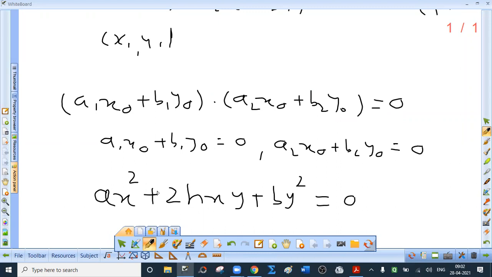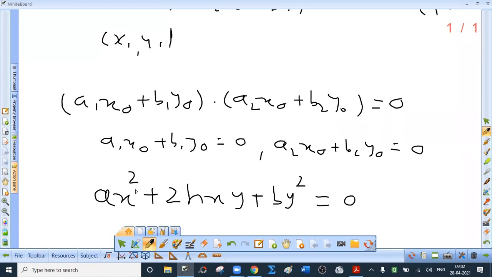Similarly, if we are interested in obtaining separate equations and so on, it is better to consider 2h instead of h. I repeat, ax square plus 2hxy plus by square equal to 0 is the general second degree homogeneous equation in x and y.